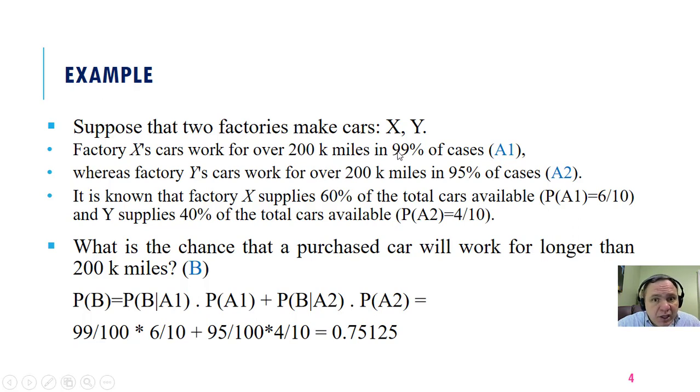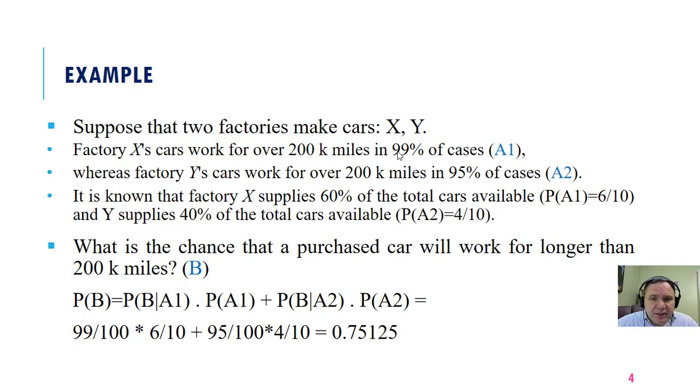So it's easy to see here that A1, which is the event that X's car is going beyond 200k miles, and A2, Y's car going beyond 200k miles, are two mutually exclusive events. So if a car is made by X, it's not made by Y, and vice versa.